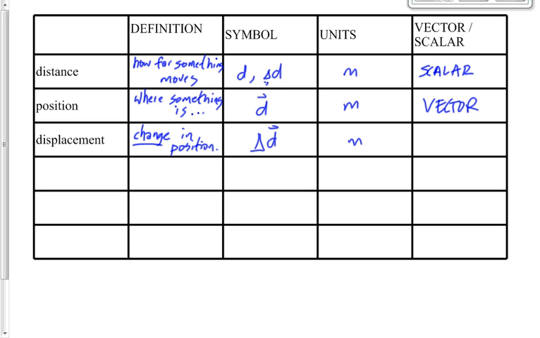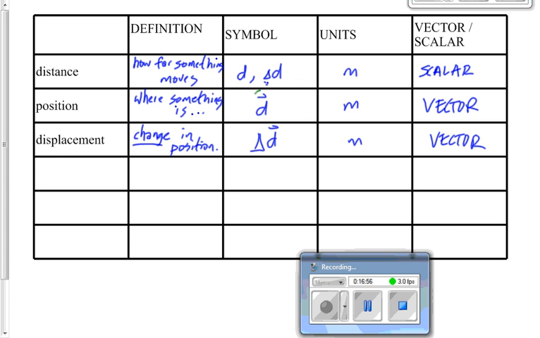You're north of High River in both cases, but your change is to the south. Regardless, there is a direction, which means it's a vector. Notice a little half arrow over top of the D? That tells you that it's a vector. Every time that we see this, we've got a vector. Got it? Make sense?